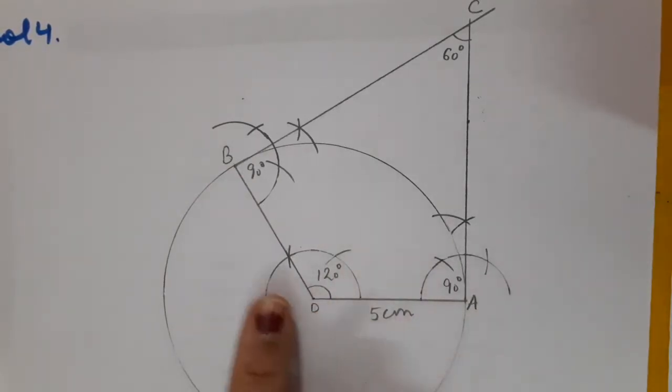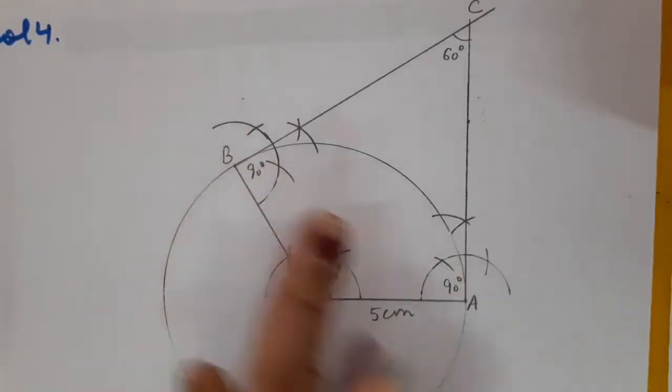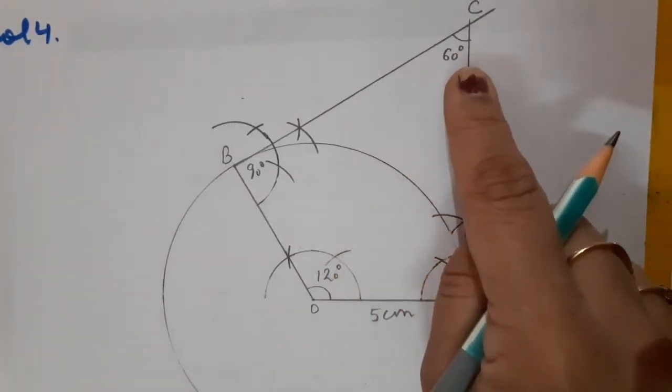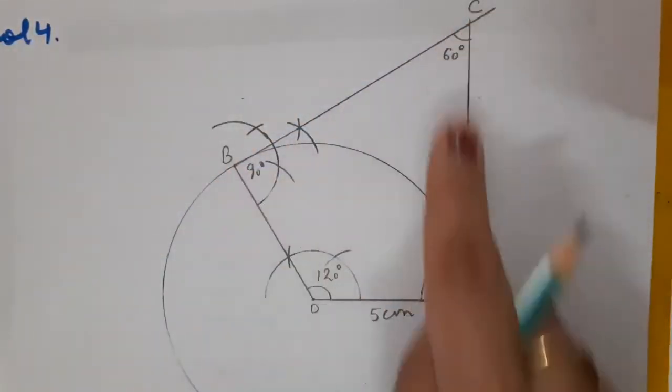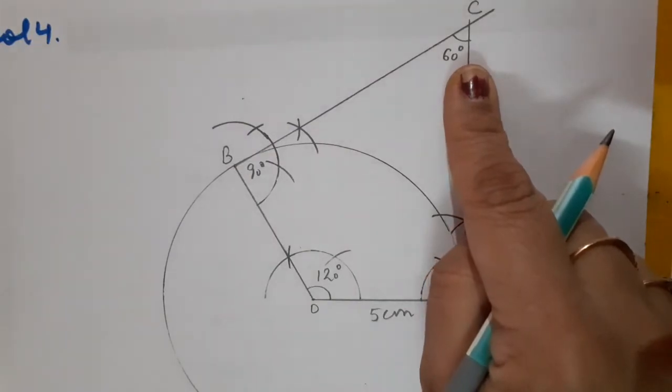Okay. So if I construct an angle of 120 degree over here at the center, so definitely I need to draw 90 degree over here also. So it means this angle which is made between two tangents will be of 60 degree. Correct?